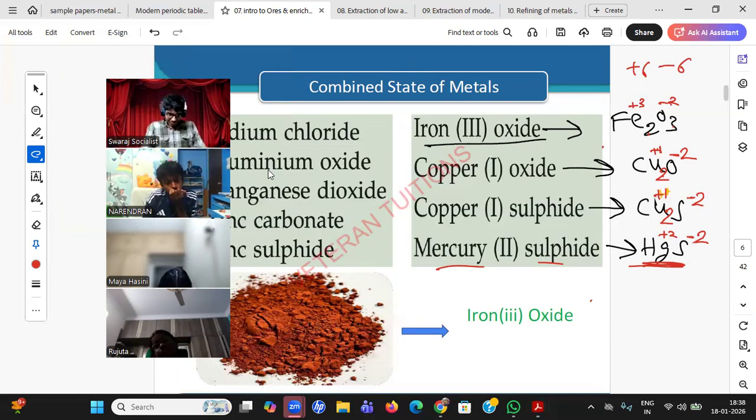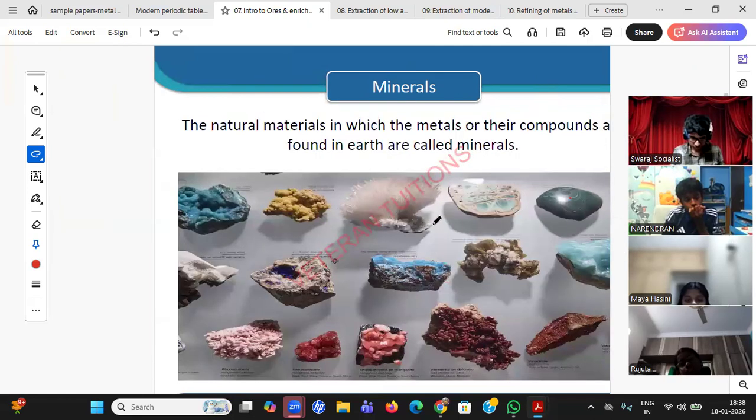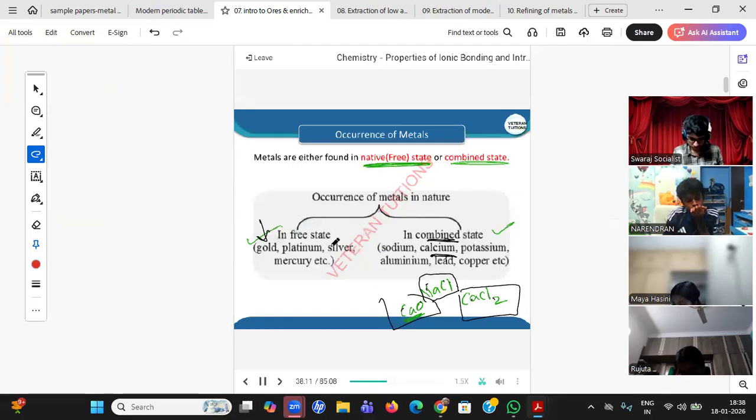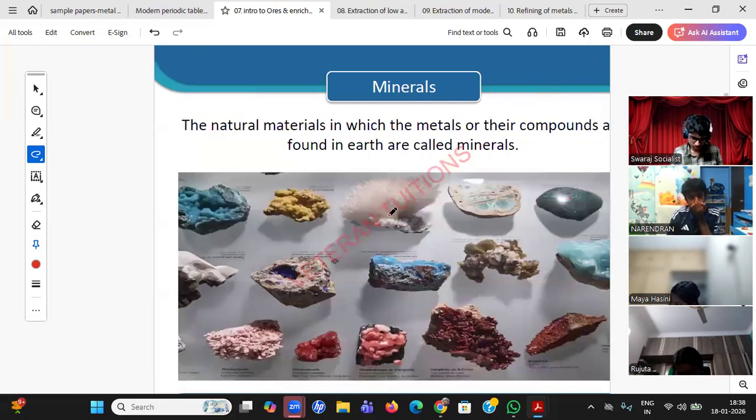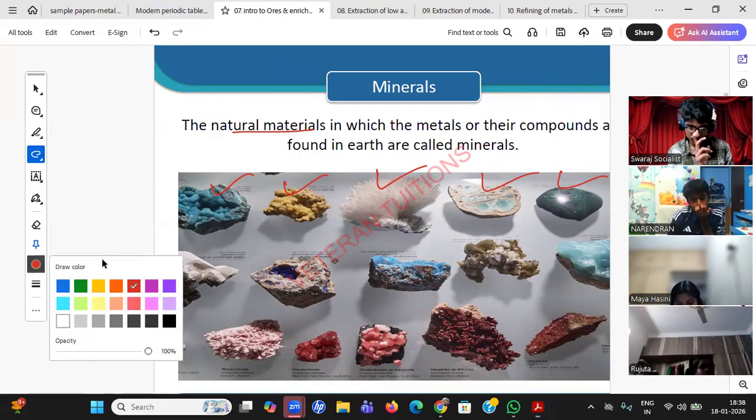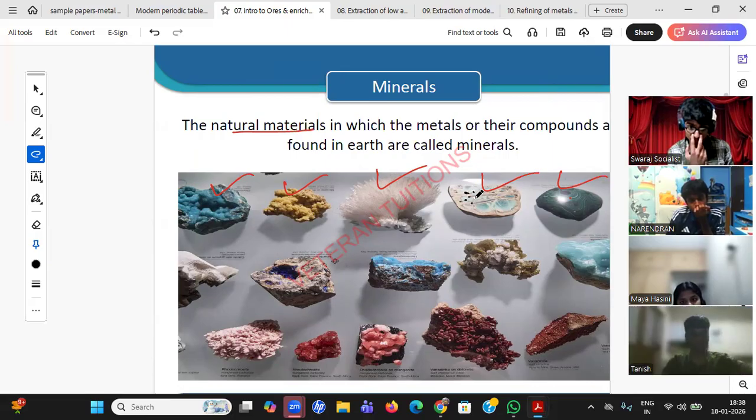Okay, so now students, we should come to this topic, right? This is what we get when you dig through with a JCB, the long kilometers of mining they do. You'll all get something like this. What is this, students? This is nothing but natural material. In this we have some metals. These metals may be in the free state, or they may be in the combined state.